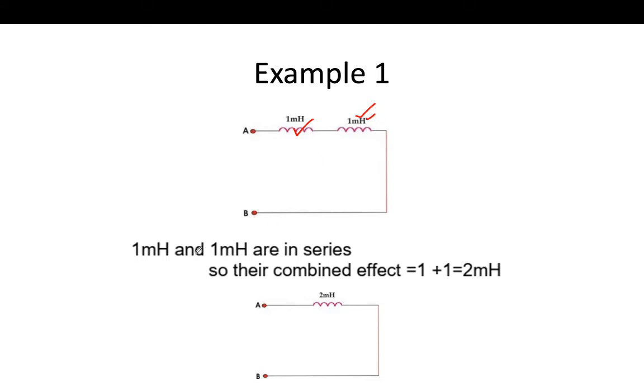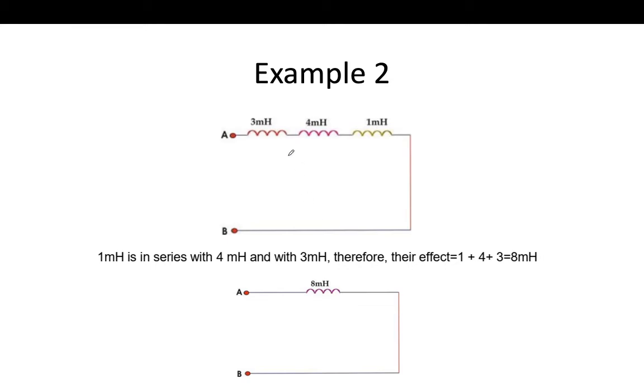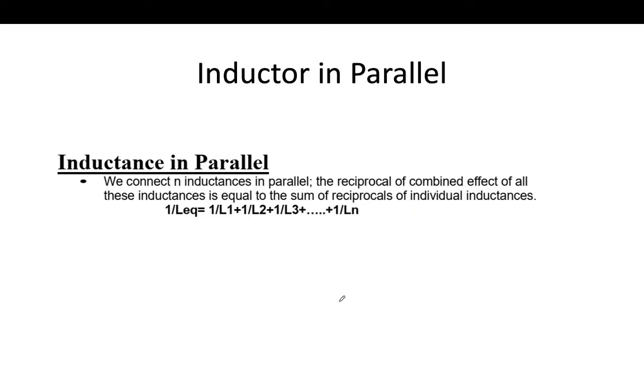We just combine these two, because in series, inductors simply add. So the combined effect will be 2. It is the same if we have 3 inductors all connected in series, with values 4, 3 and 1. The sum of all the inductances will be equal to the combined effect.